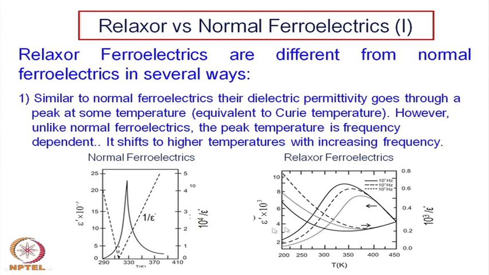And these are the two diagrams showing this difference. This is a normal ferroelectric, where it goes through a very strong, very sharp peak at around 330 Kelvin.